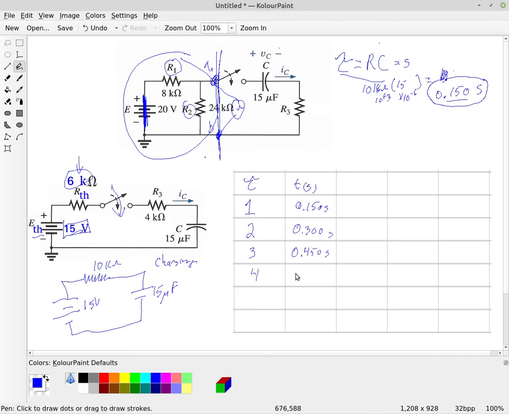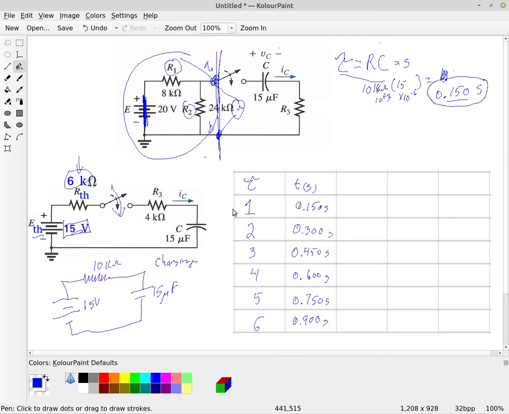The fourth time constant is 0.60 seconds. And the fifth one is 0.750 seconds. And just to show you here, I'm going to also do the sixth, which would be 0.9 seconds.